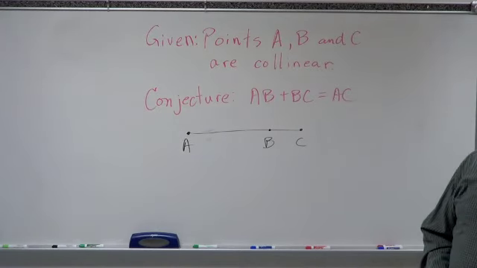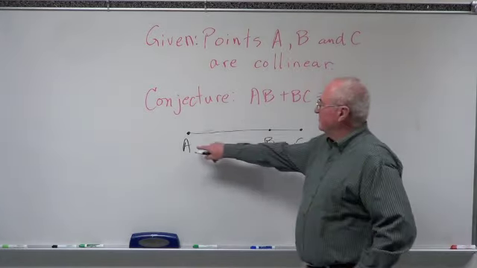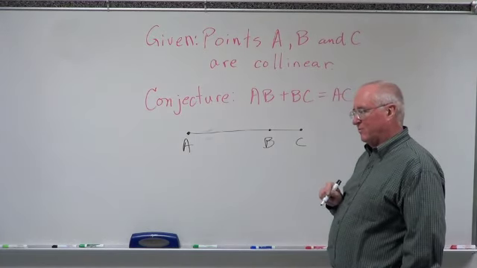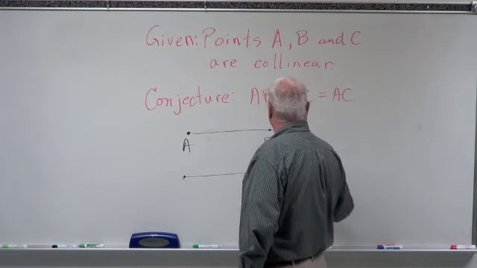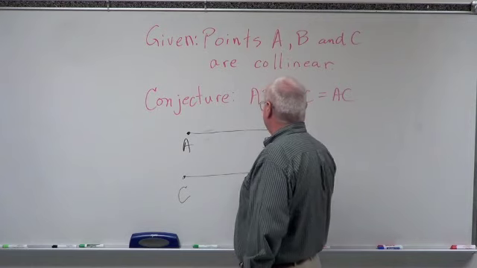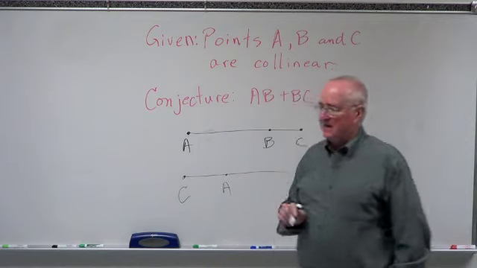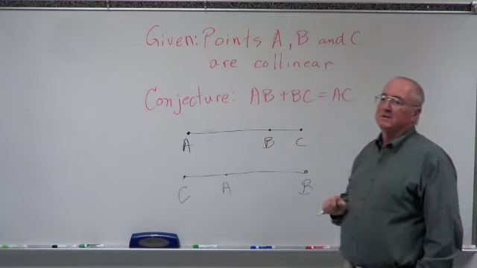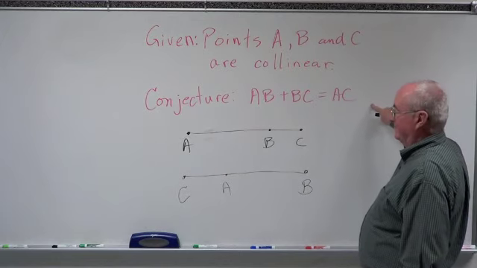Is that the only way we can draw that picture? Do points A, B, and C have to be in that order? No. Let's draw them in this order. C, A, and B. Are points A, B, and C collinear? Yes, they are. But is this true? No, it's not.